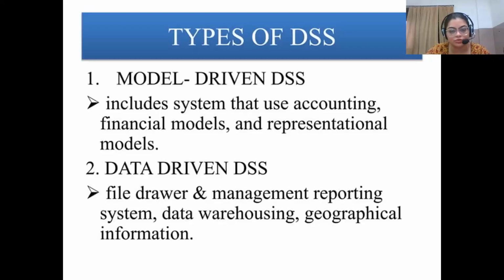Businesses often use data-driven DSS to help make decisions about inventory, sales, and other business processes. Some are used to help make decisions in the public sector, such as predicting the likelihood of future criminal behavior. So data-driven DSS is used for these things.